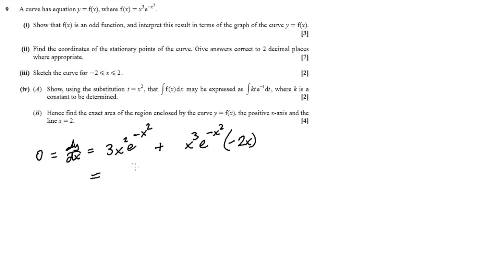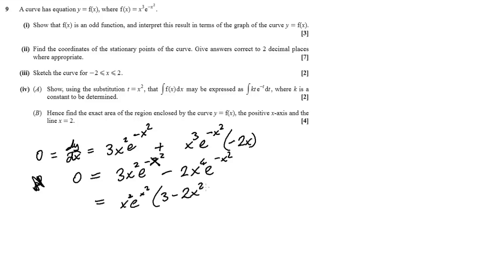And so don't rearrange because that would lose your information. So 3x squared e to the minus x squared take 2x to the 4 e to the minus x squared. We can factorize out x squared e to the minus x squared to get 3 take 2x squared times x squared e to the minus x squared equals 0.